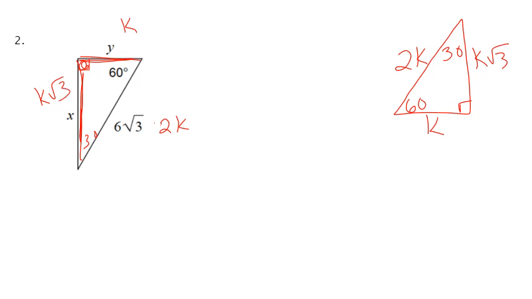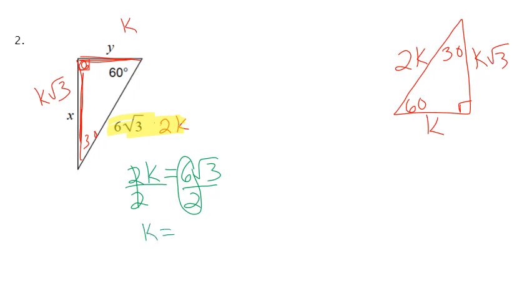If we pair it up, 6 radical 3 pairs up with 2K. So we're going to set them equal. And this, again, like the one we saw two problems ago, we have to get K by itself. When we divide, we only divide the values out front. So 6 over 2 is 3. So my scale factor is 3 radical 3.